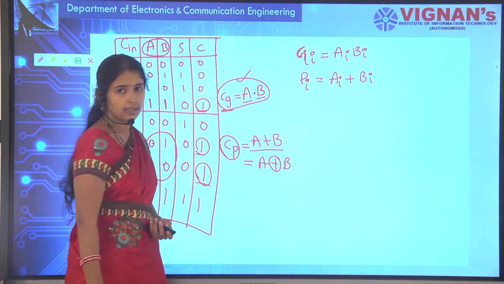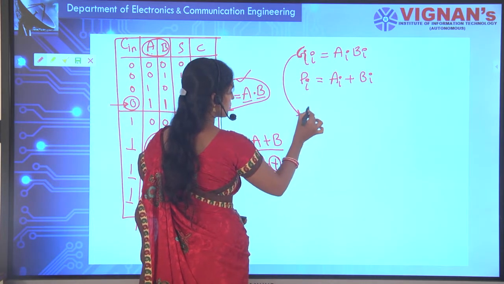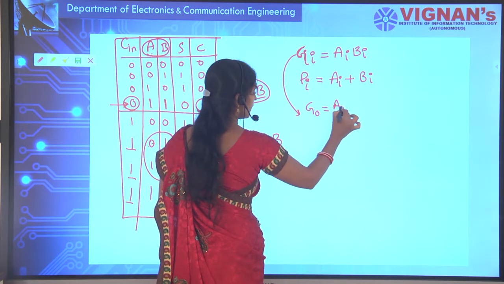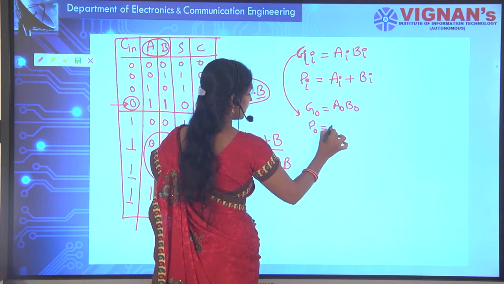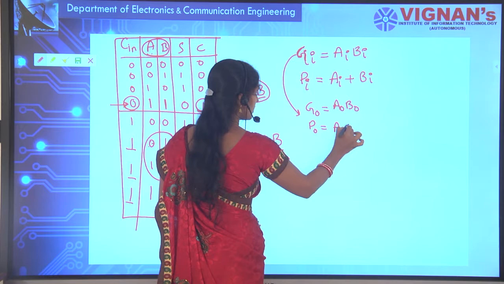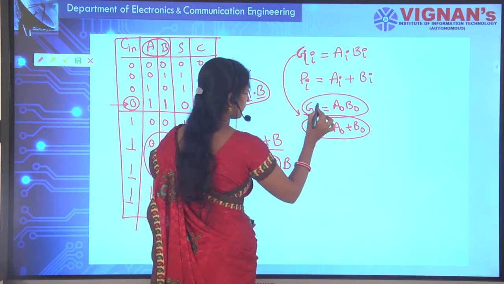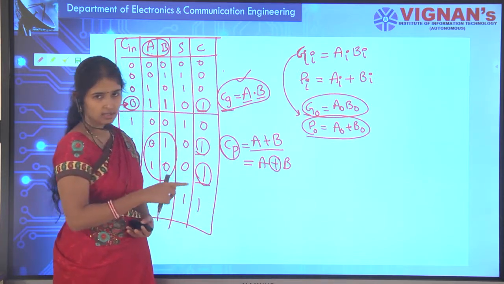Now consider G0, carry generated, which is A0 into B0, whereas P0 is A0 plus B0. This is your G0, this is your P0. Why am I explaining all this? Because you will be using it in the next slide.